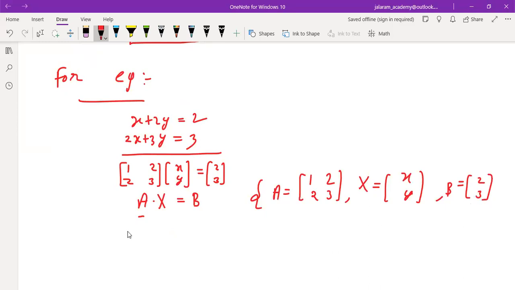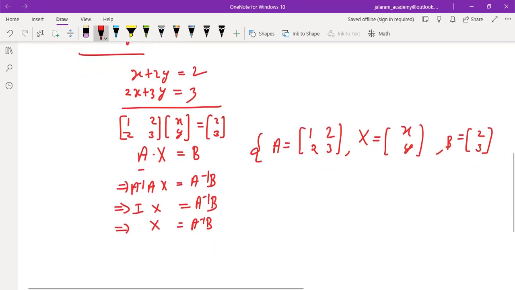So if we multiply with A inverse, A inverse A equals I, into X equals A inverse B. I means identity matrix, which when multiplied to any other matrix gives that matrix itself, so X equals A inverse B.